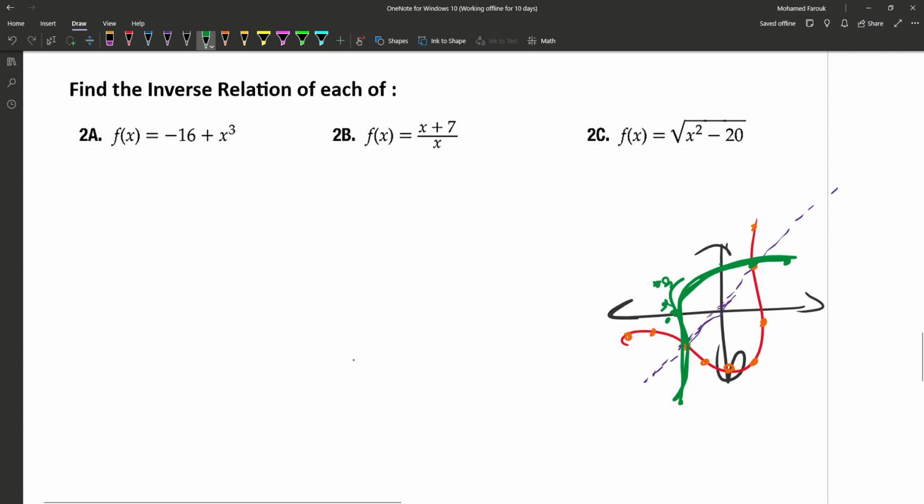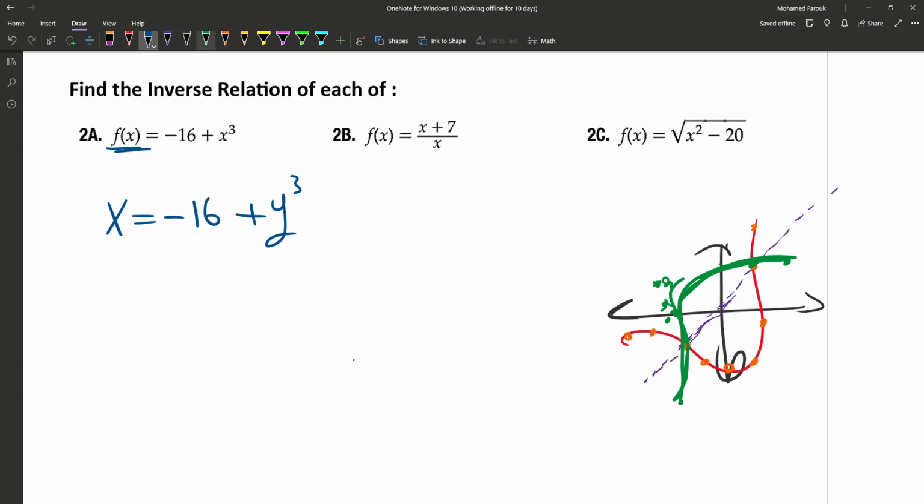Okay, but right now we need to do it algebraically. So how you will do it? F of x, which means it's y1 and this is x1. You will just need to replace x with y. So instead of having y here, you will have x equal to negative 16 plus y cubed. And right now you have to separate y.